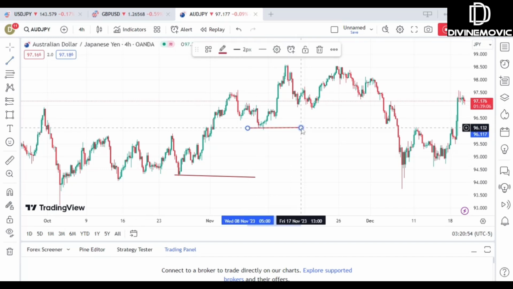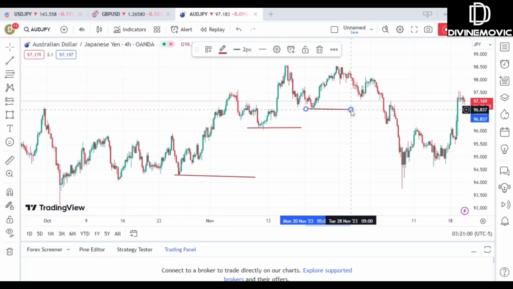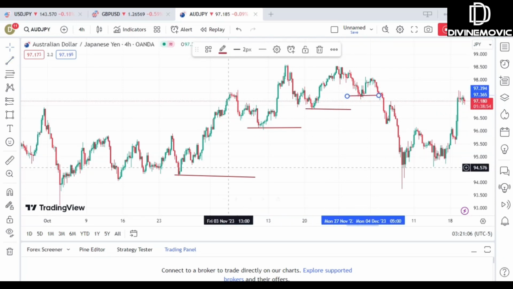Here's another low. Here is a low. And here is another low. So at this level here, price is creating higher lows and higher highs.